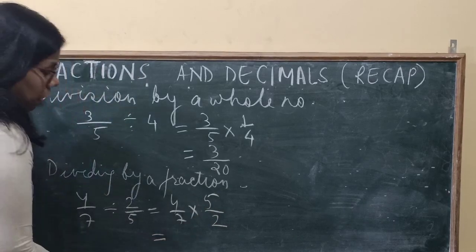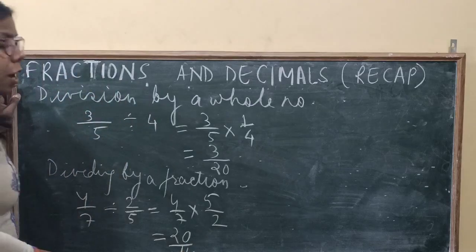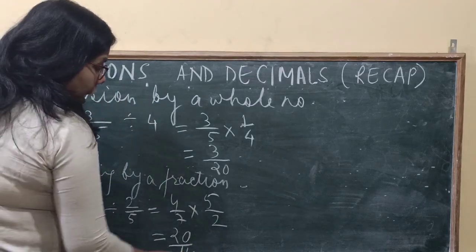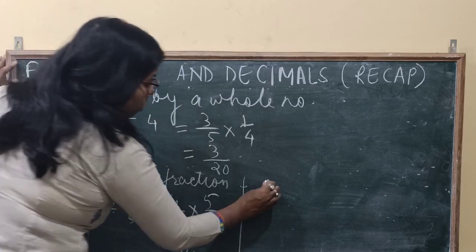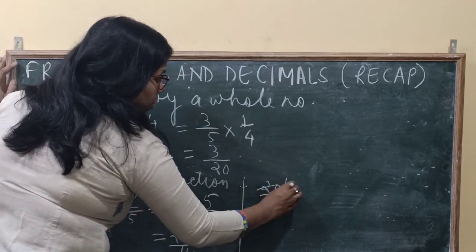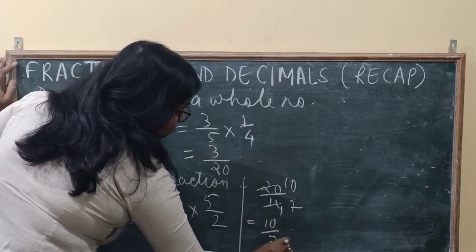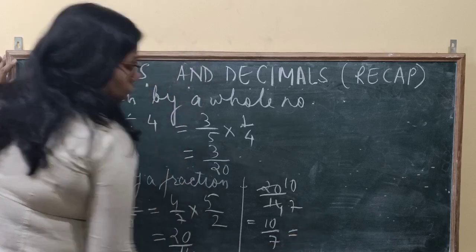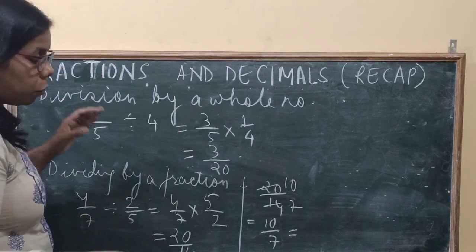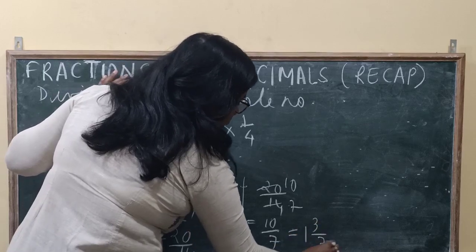So this will come 20 by 14. Now 20 and 14 can be reduced. 20 by 14 will reduce by 2. This will become 10 by 7, which is an improper fraction. So we will convert it into a mixed fraction. This will become 1 whole 3 by 7.